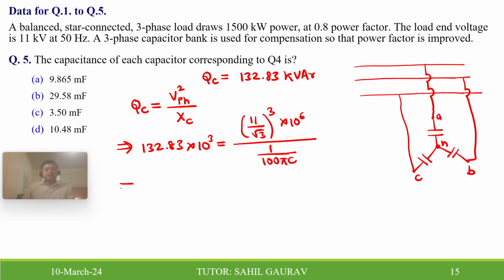Now putting all these values, you will get 10.48 microfarad. Again, there is a mistake, all the options are in microfarad. Therefore, D is the correct answer.